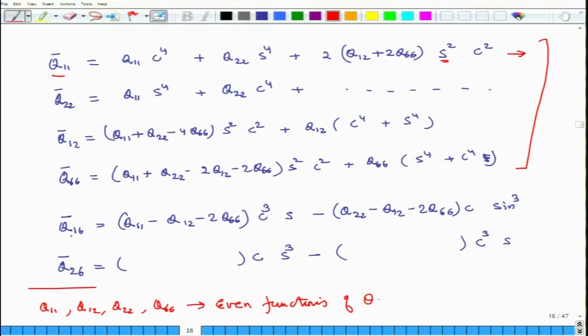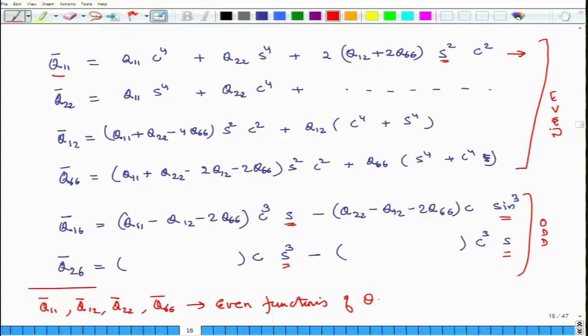However, Q16 bar and Q26 bar are odd functions of theta. So, if I change theta from 30 degrees to negative 30 degrees, we should see that the value of Q16 bar becomes the negative of its original value, otherwise our calculations will be wrong. So, these are odd functions and these are even functions.